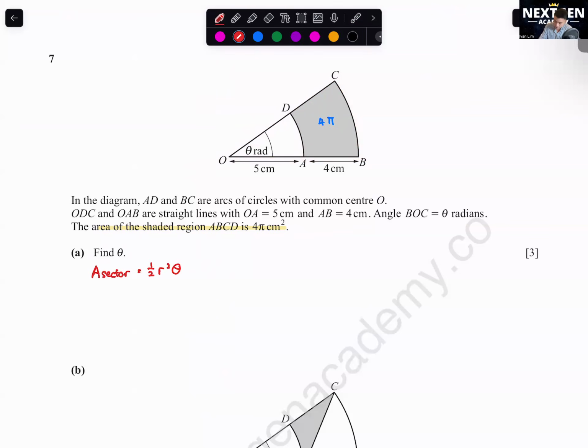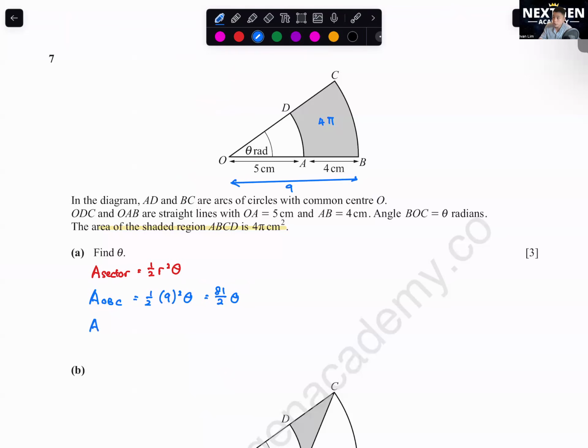So what is area OBC and area OAD? Let's do area OBC first. Half, the R is this entire thing, 9. Half 9 square theta, which we will get 81 over 2 theta.